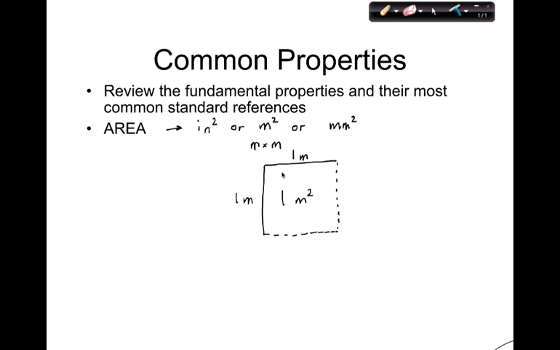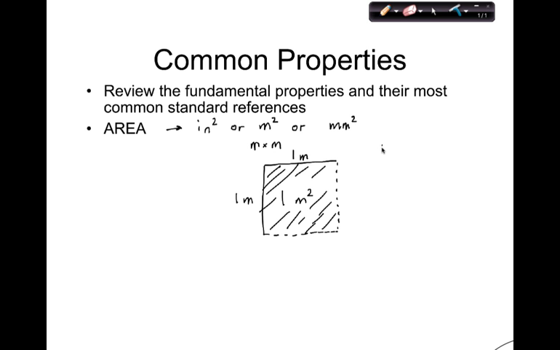So 1 meter squared is the amount of space taken up by a square that has a side length of 1 meter. So 1 meter by 1 meter makes a square, and that's going to be our standard reference. A standard reference for area based on meters would be meters squared.